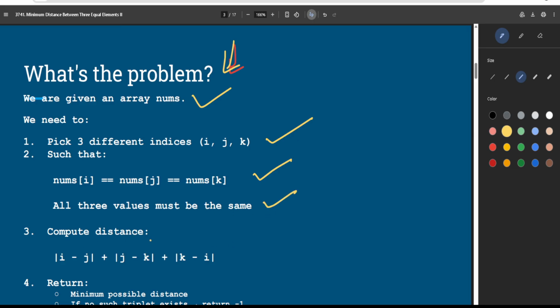Now compute the distance |i minus j| plus |j minus k| plus |k minus i|. This is in absolute value, so it gives a positive value, and that is called the distance. There are many possible good tuples, but we need to return the minimum possible distance, not the biggest one. If such triples exist, fine. If not, return -1.